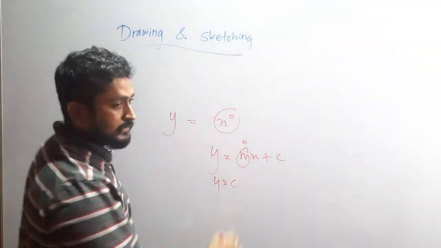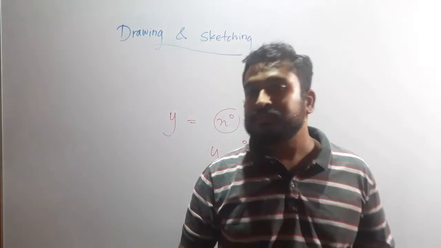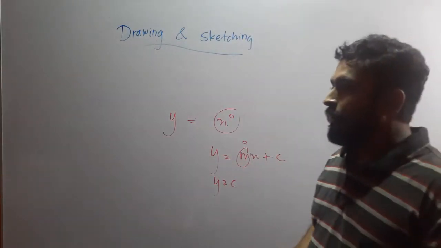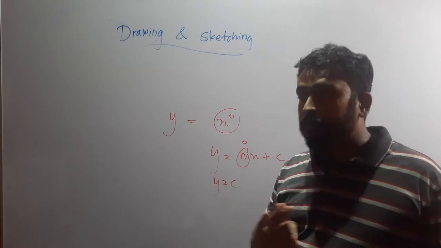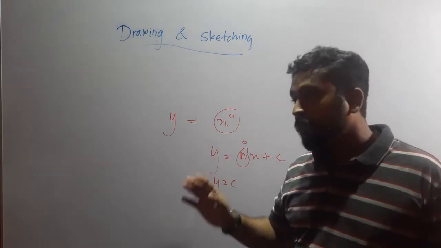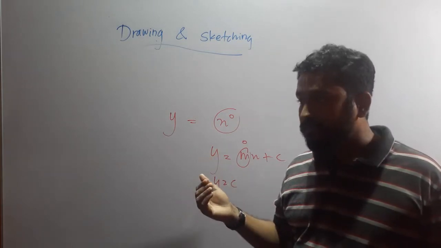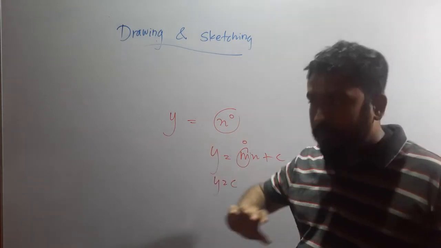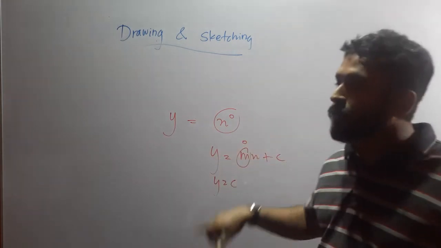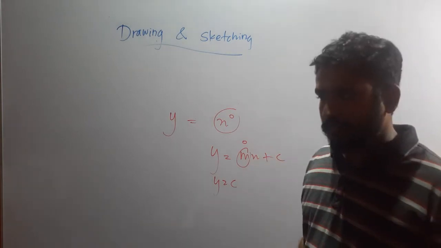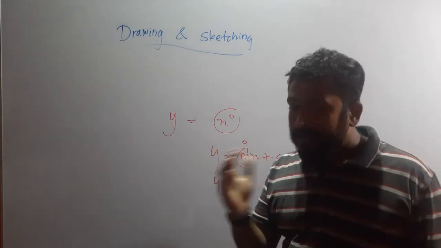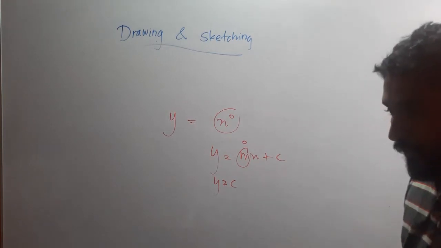It is still a straight line, a sub-mode of the y equals mx plus c mode. But the degree cannot be negative. Degree must be positive, starting from 0. It is from 1 basically, but it can be 0 as well. Got it? The degree cannot be negative.